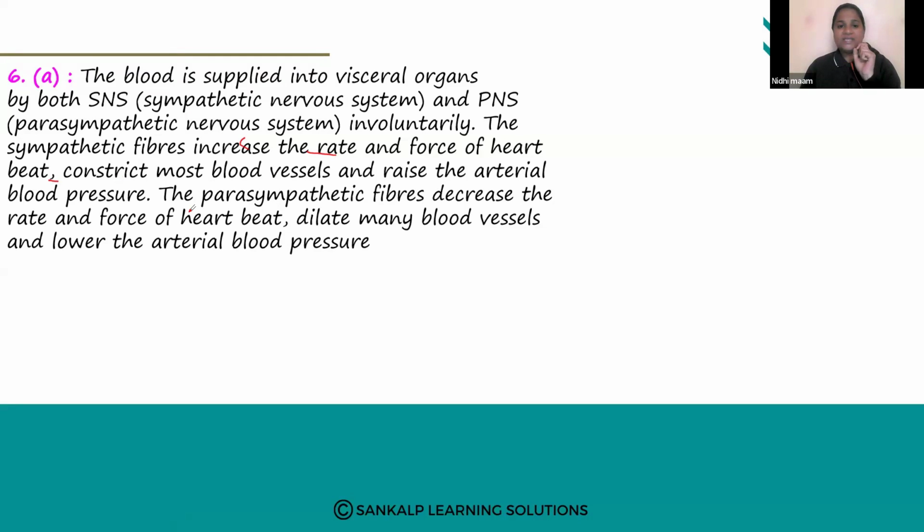What will the parasympathetic fibers do? They decrease the rate and force of the heartbeat, dilate many blood vessels and lower the arterial blood pressure. By this, they carry out blood circulation.